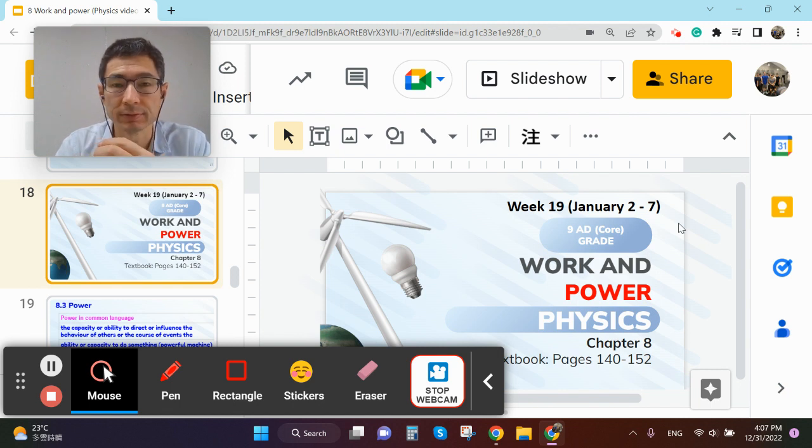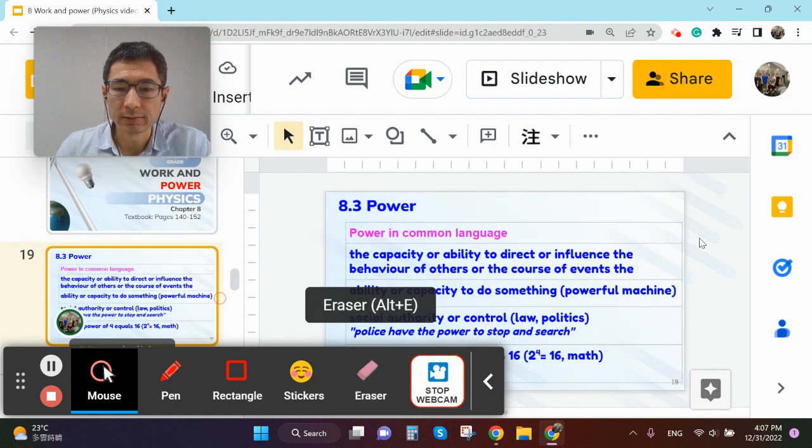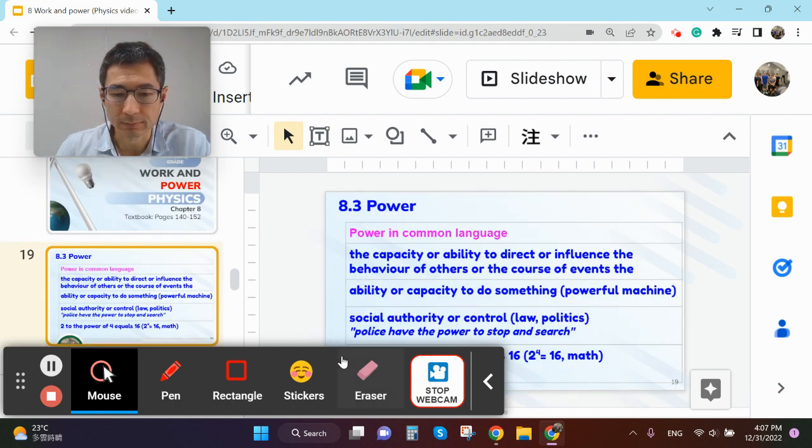Similarly to the previous lesson, we're going to define power, learn how to calculate it, and learn how it is applied in our daily lives, as well as units and other details. Okay, so let's get started.